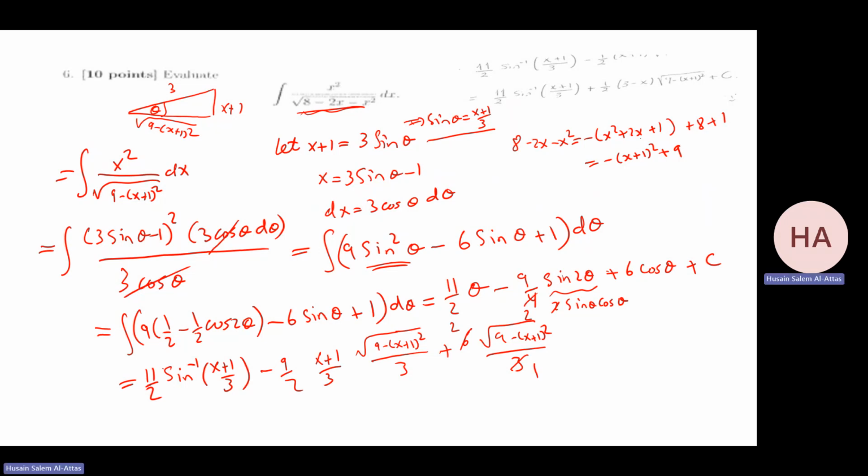It is 9 sine squared minus 6 sine theta plus 1. Sine squared is half minus half. That will be 11 over 2 theta, which is good. Minus 9 over 4 sine 2 theta. That will be sine cosine. That will be minus cosine minus 6 sine.